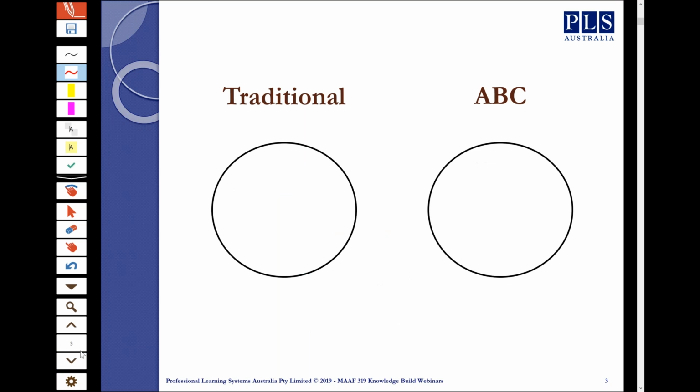Certainly from a traditional versus activity-based costing logic, from a visual representation, I'd like to think candidates are comfortable that with traditional, you're basically taking one cost pool and one cost driver. Now that may be labour hours, it may be machine hours, but fundamentally all those costs that cannot be allocated directly to a job, if you like, is treated as overhead, and you're having to allocate them across the jobs using a driver.